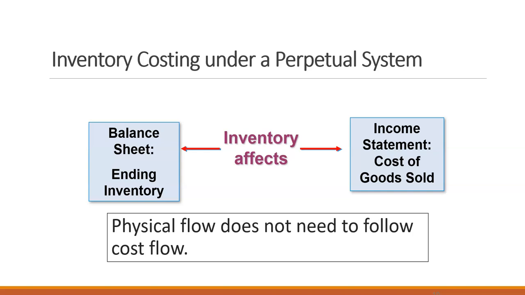Most physical flow of inventory, except with specific identification where we have unique items, follows the first in, first out method, whether or not we use that cost flow. What our costing method decides is how much our inventory is on our balance sheet and how much we record in cost of goods sold.